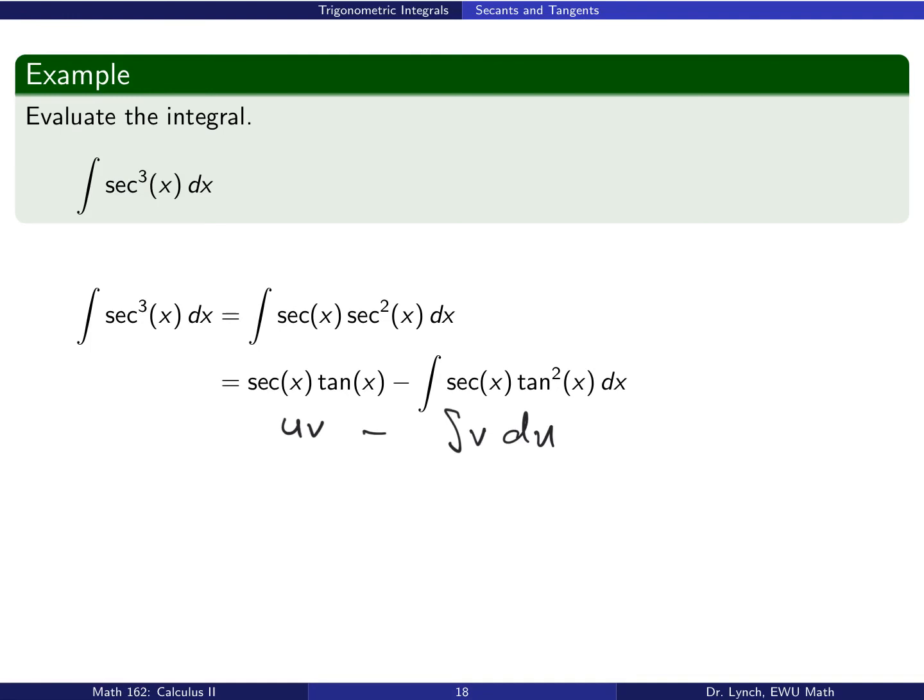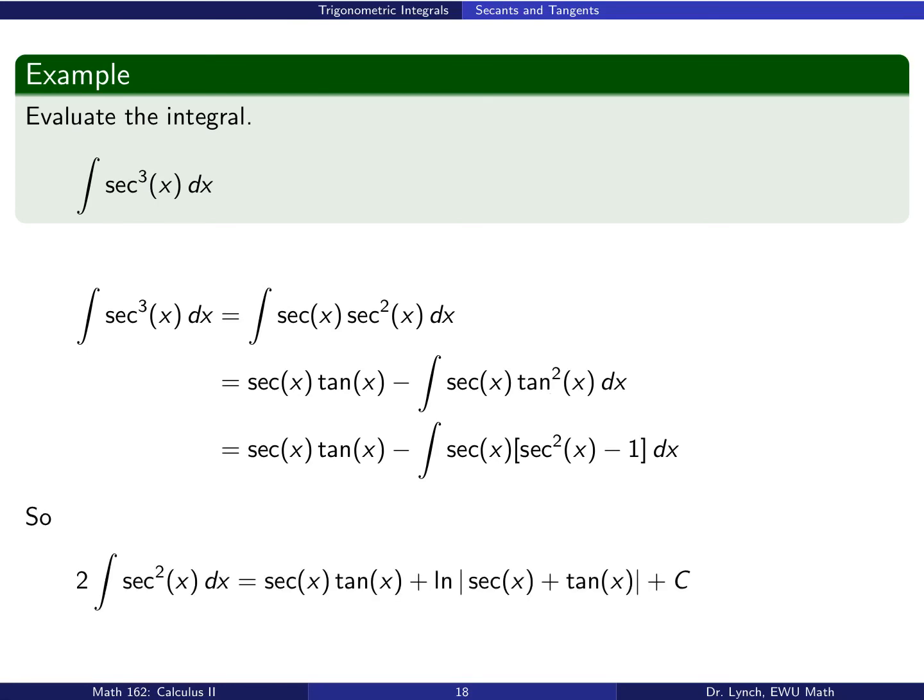Now, tangent squared is something we've dealt with before, so we're going to rewrite that term as secant squared minus 1. And once we multiply that out, we see something familiar happens from our integration by parts experience. We see that we've actually reproduced the original integral.